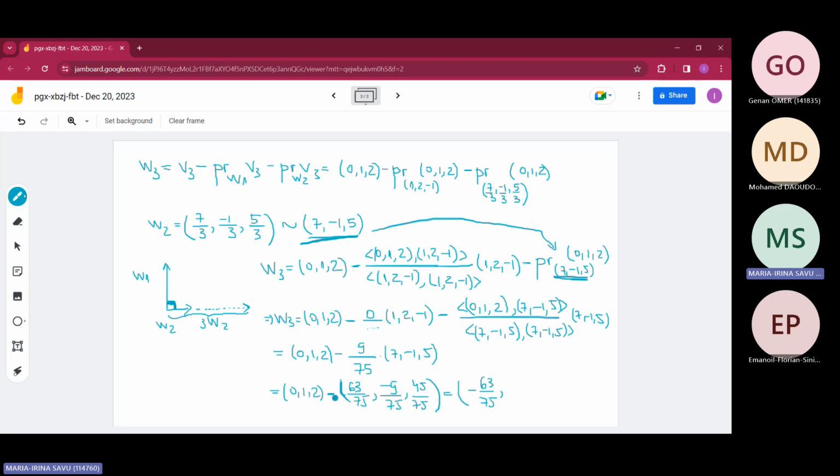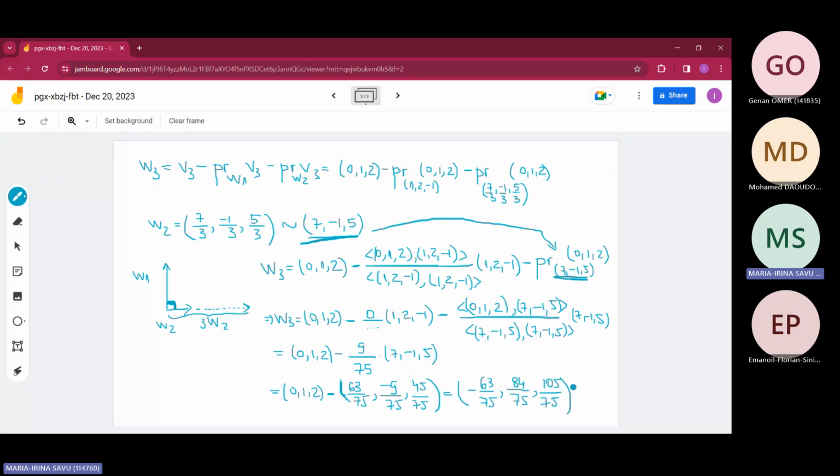You have 1 plus 9 over 75, so this is 84 over 75, and this is 2 minus this one, which is 150, minus this one, which is 105 over 75.